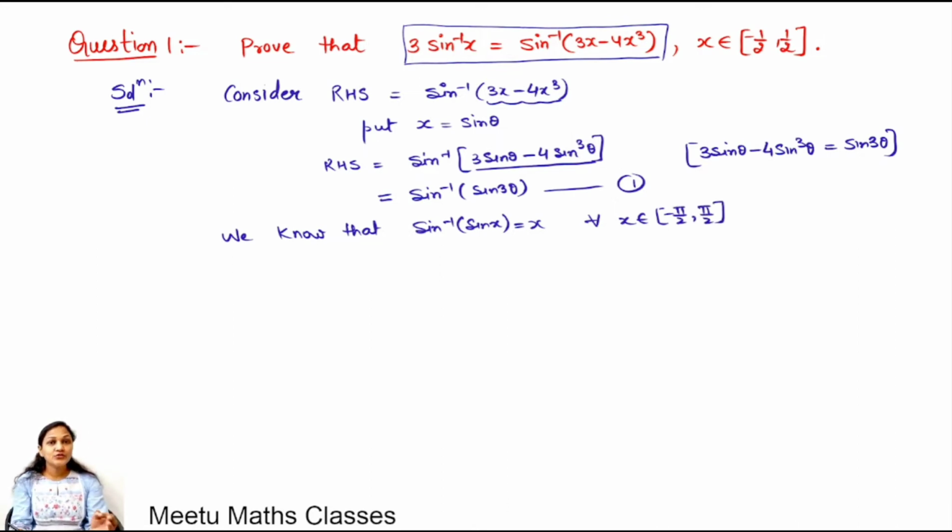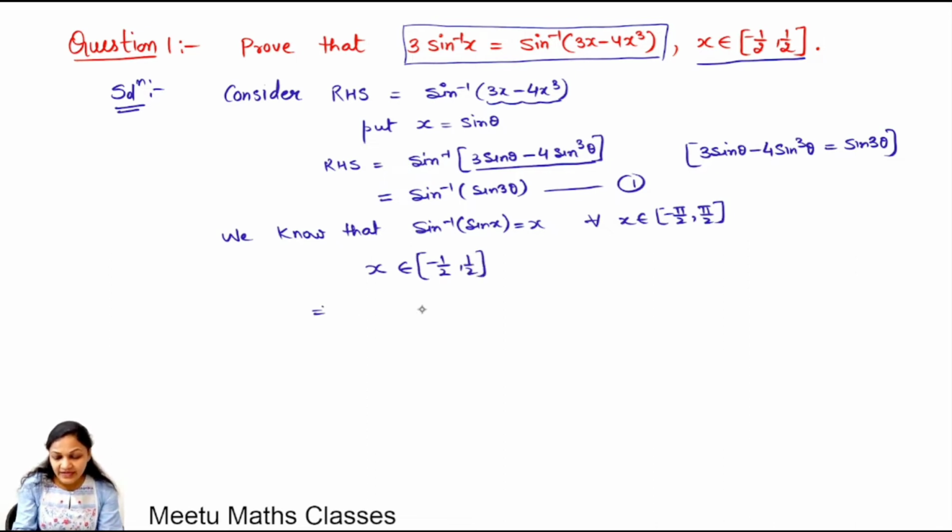So we are going to check whether 3 theta lies between minus pi by 2 to pi by 2 or not. Now let us consider these limits. We know that x belongs to the closed interval minus half to half. That implies x must be greater than or equal to minus half and less than or equal to half.